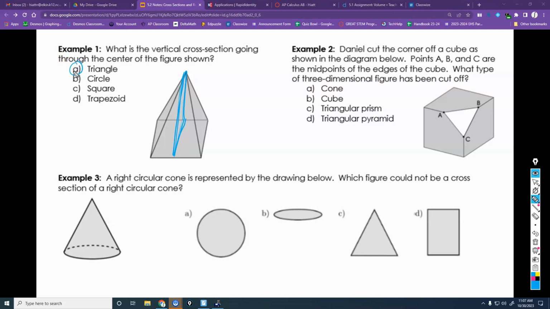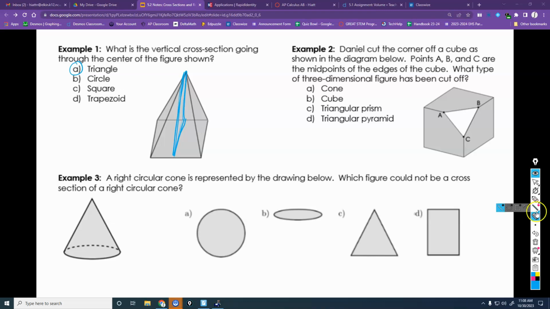I don't think it's the only answer. What about if I cut it over here? Trapezoid. Oh, it does say center. Sorry, I did not read carefully. Thank you. I was thinking it was a bad question.